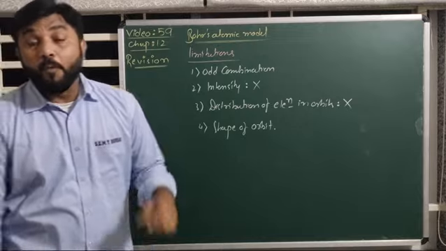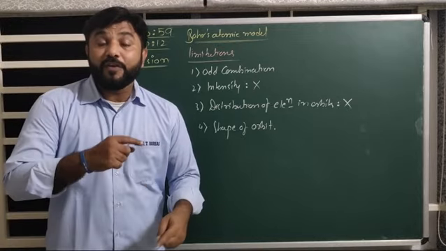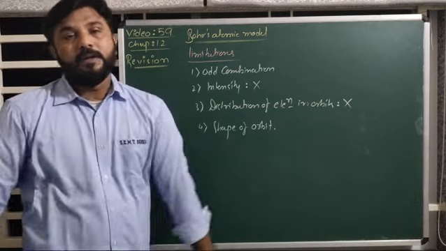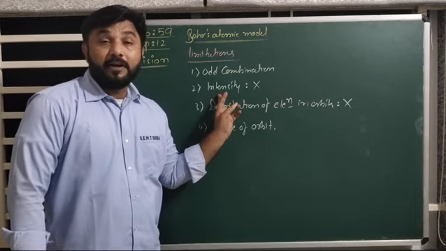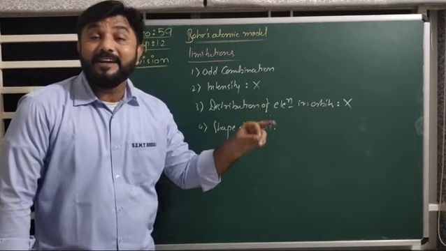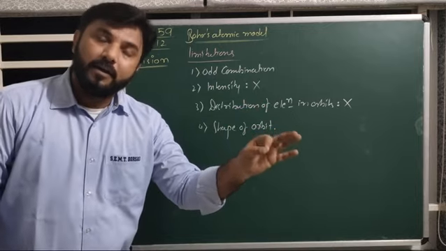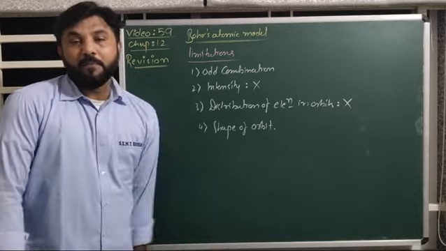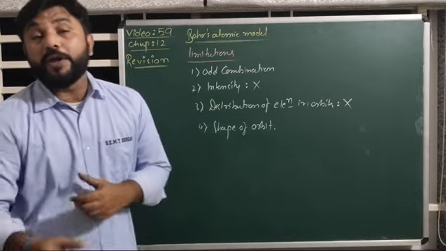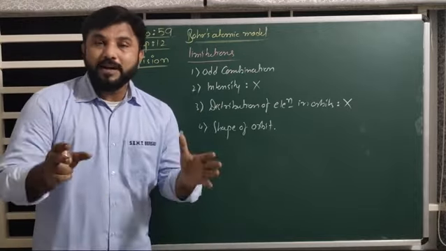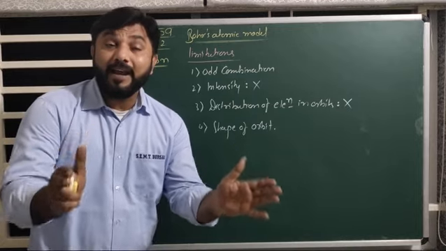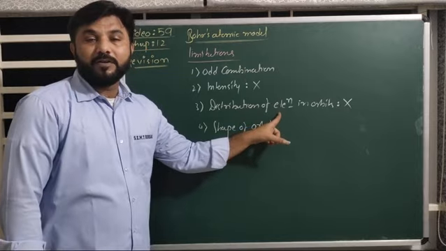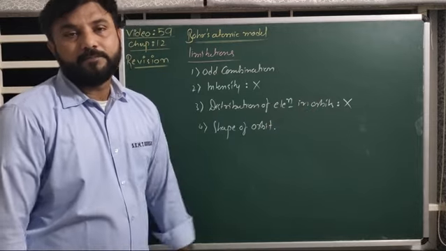Second one, Bohr's atomic model gives the frequency of the emitted radiation, but it does not give information about the intensity of emitted radiation. Third one, Bohr's atomic model does not give any information about the distribution of electrons in orbit.